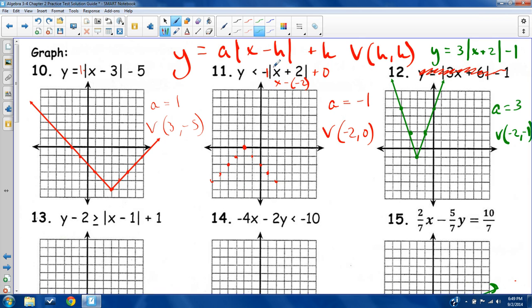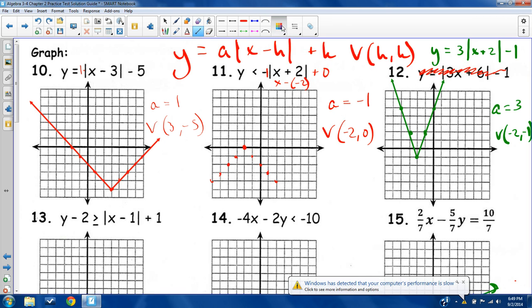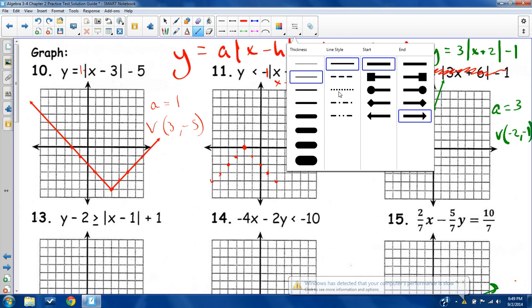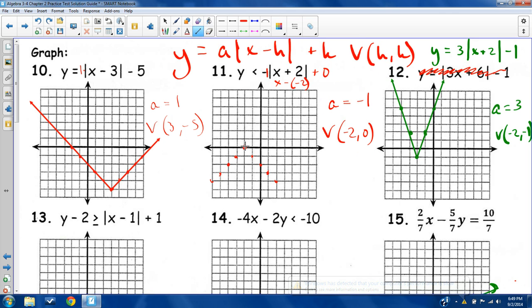So what's going to happen here? It's not less than or equal to, it's less than. The less than indicates that the broken line I'm going to draw does not include points that'll work on here. If I pick the point negative 1, I'm going to get negative 1 is less than negative 1, and that's not true. So this dotted line represents that. The points on the line don't make this inequality true.